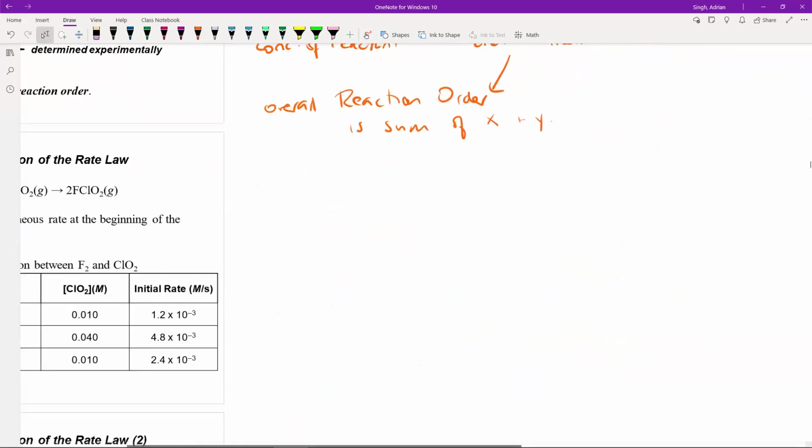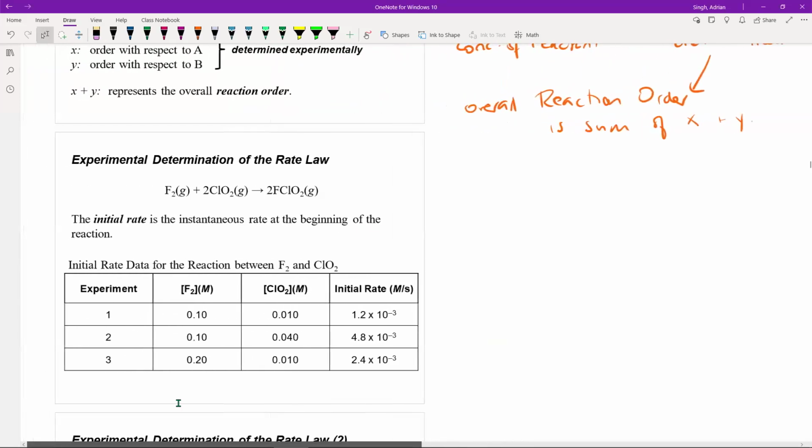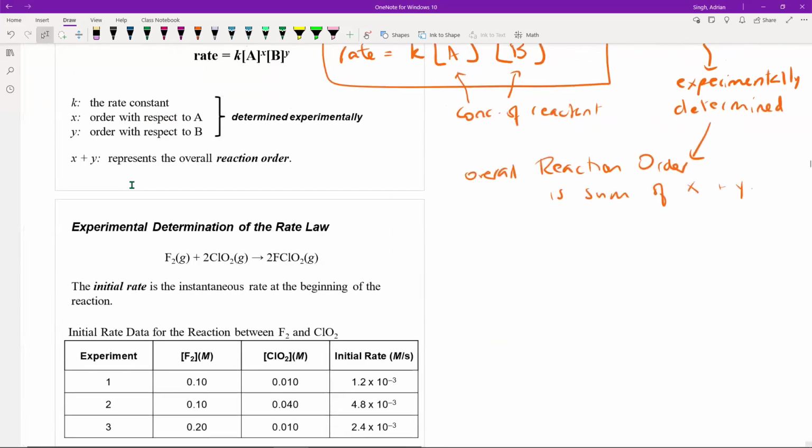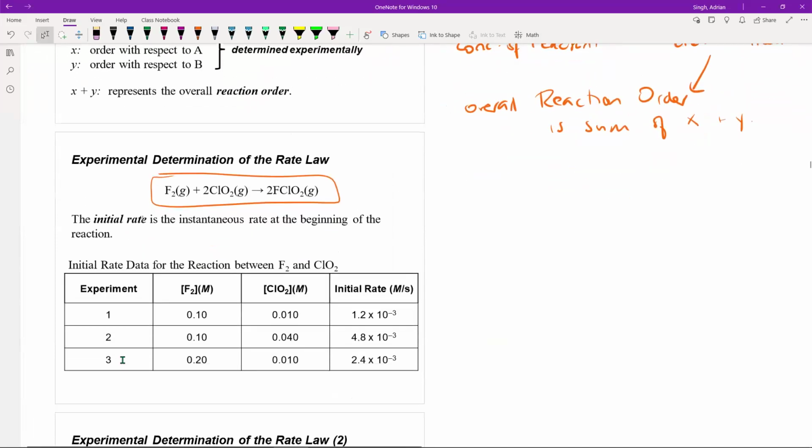We'll take a look at the reaction between fluorine gas and chlorine dioxide to produce FClO2. We have a balanced equation written here. What we can do is perform several different experiments. In this case, we perform 3 different experiments. We vary the concentrations of each of the reactants, and then we measure the initial rate in each of these experiments.